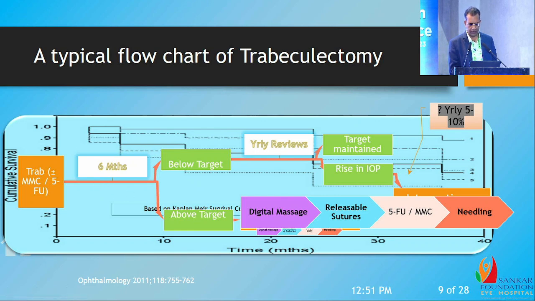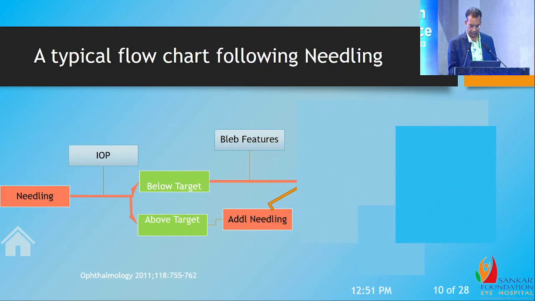Before that, digital massage, releasable sutures, and injection of 5-fluorouracil or mitomycin C will be there. Digital massage is a procedure we employ within 10-15 days, but once the scarring has become more, it will be somewhat ineffective.